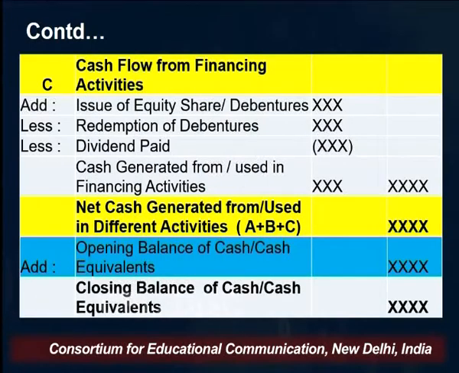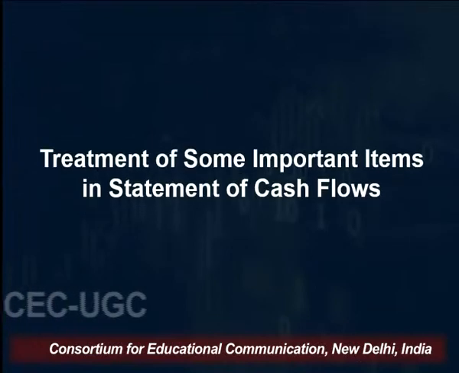After working on cash flow from operating, investing and financing activities, we aggregate them to find out whether there is an increase or decrease in cash. Accordingly, the same is added to the opening balance of cash and cash equivalents, and in a very obvious manner we get the closing balance of cash and cash equivalents. So this was all about the format of statement of cash flow.